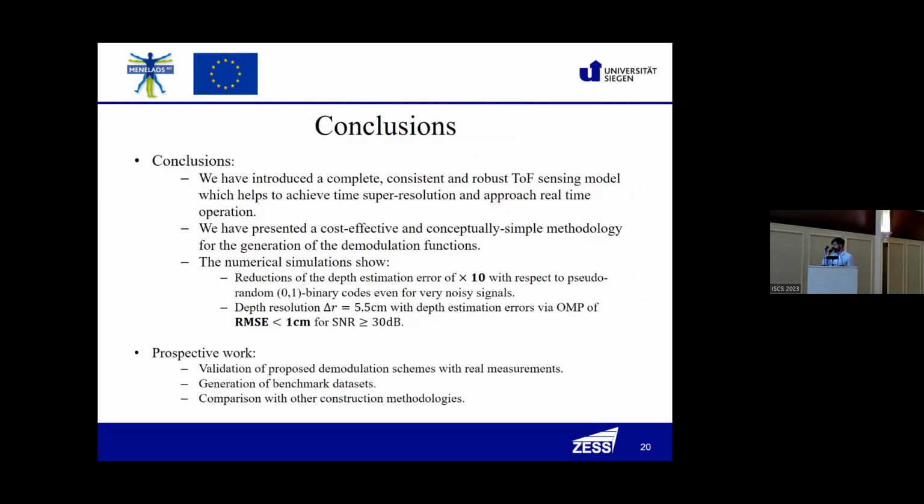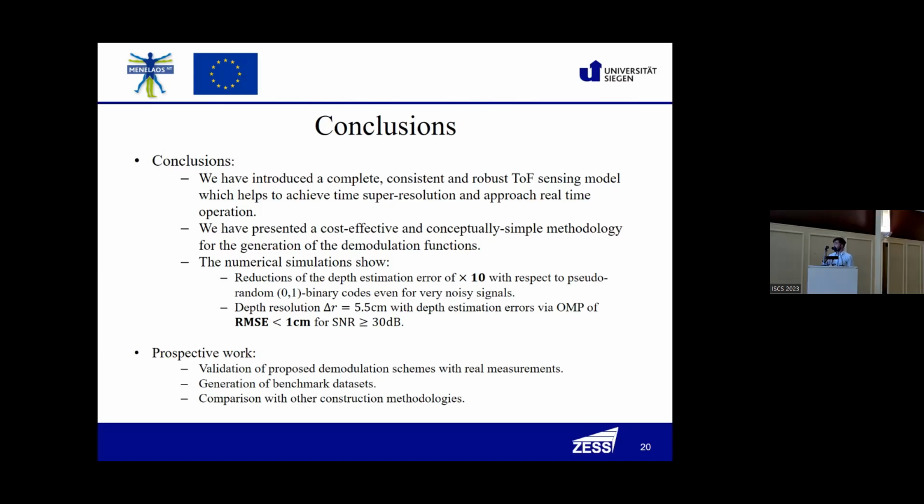So, some conclusions and prospective work. The idea of this thesis was to develop a camera prototype and generate a sensing model consistent with the camera, to increase the resolution, to increase the angular range, and to reduce the estimation error. And we fulfilled these objectives.